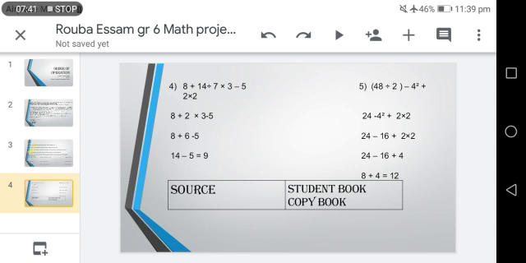The fourth equation is 8 plus 14 divided by 7 multiplied by 3 minus 5. We see, do we have parentheses? We don't have parentheses. The second is the exponent.